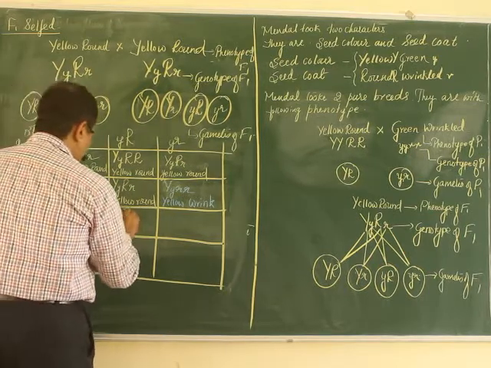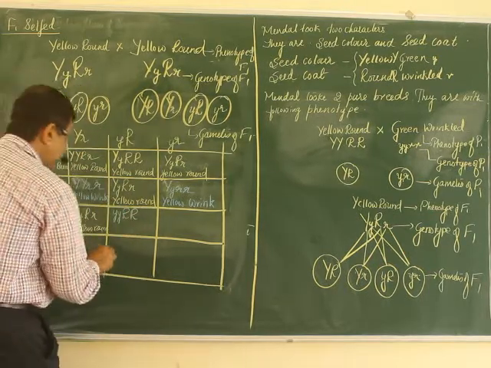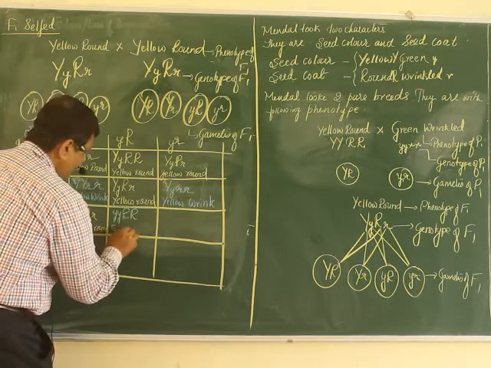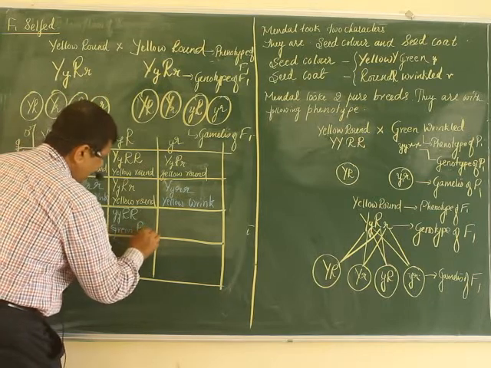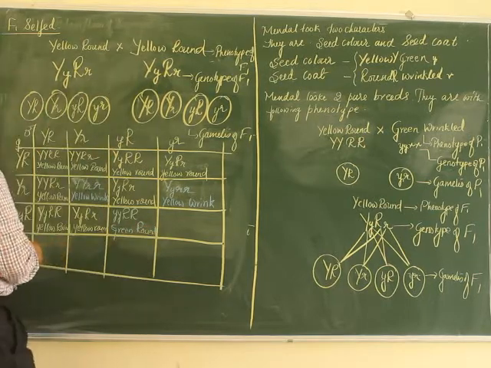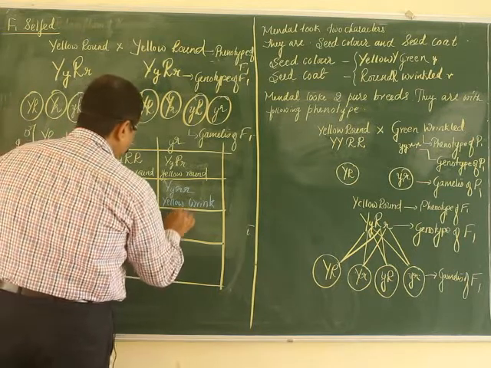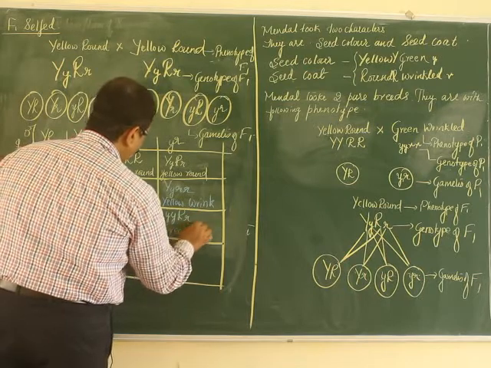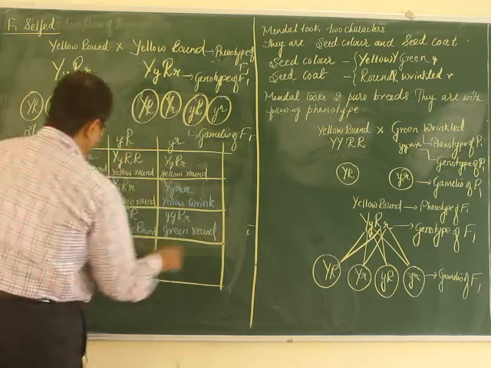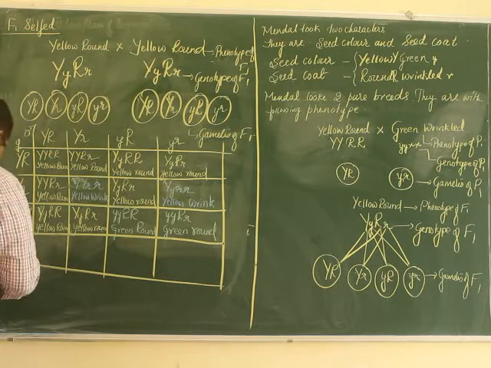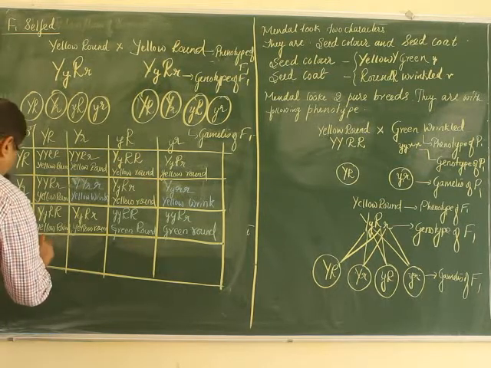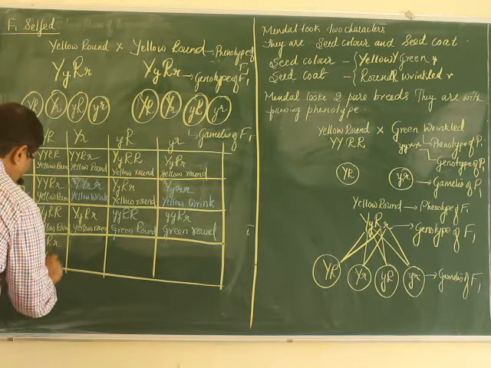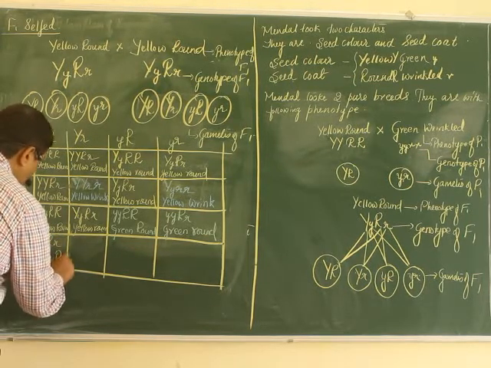Small y, capital R: this is green round. Then small y, capital R, small r: once again green round. Then capital Y, small y, capital R, small r: yellow round.